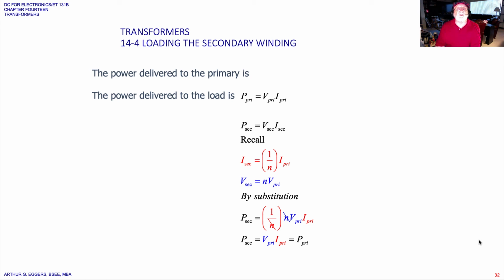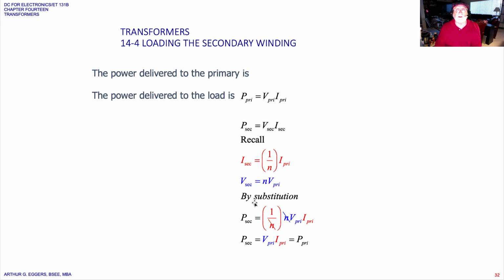The power delivered to the primary then is, as we saw, P primary equals V primary, I primary. So if we do some manipulations here, we can take our relationships for primary and secondary, and recall that we were shown that the current in the secondary is equal to the ratio of the current in the primary to the number of turns, and that V secondary is equal to N times V primary.